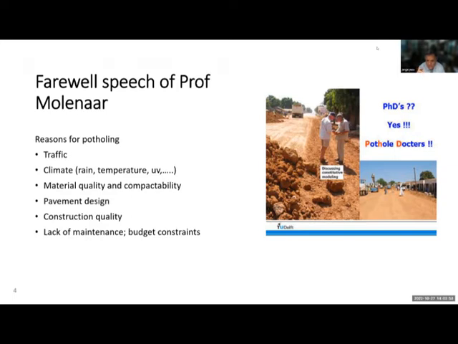So it's important to have solid knowledge about all of these reasons for potholing, starting with traffic, climate condition, rain, temperature, materials quality and compactability, pavement design, and construction quality, to avoid potholes and to construct solid and better road pavements.